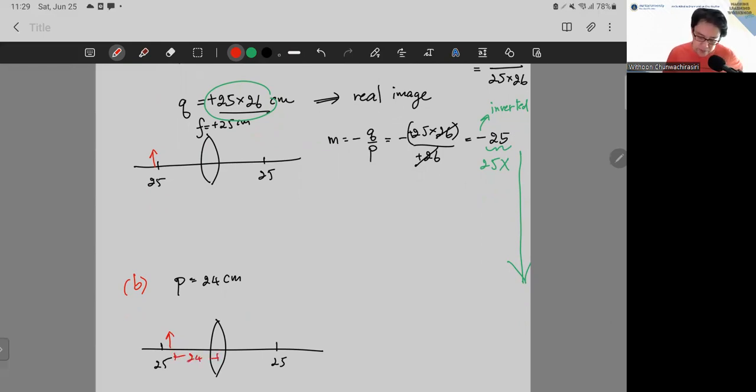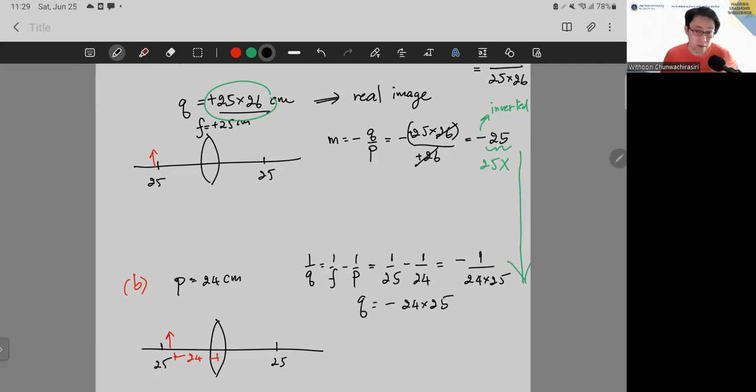So this is 24. You do the same thing: 1 over Q equal to 1 over F minus 1 over P. I'm just skipping one step right there. And it is 1 over 25 minus 1 over 24. Now, as you can see, it's negative 1 over 24 times 25. So your final value of Q will be negative now.